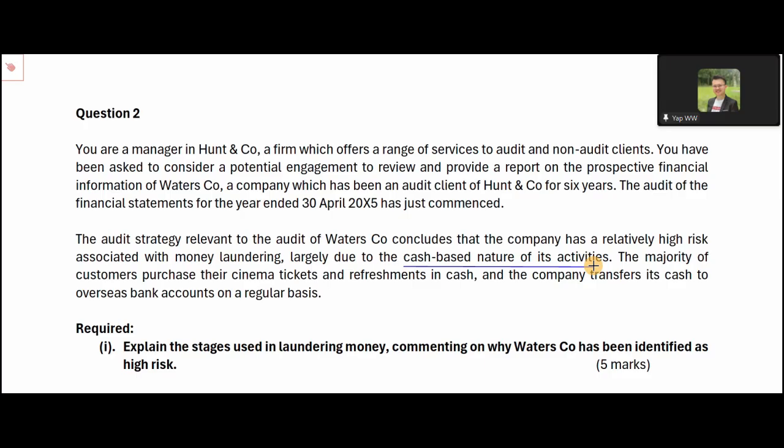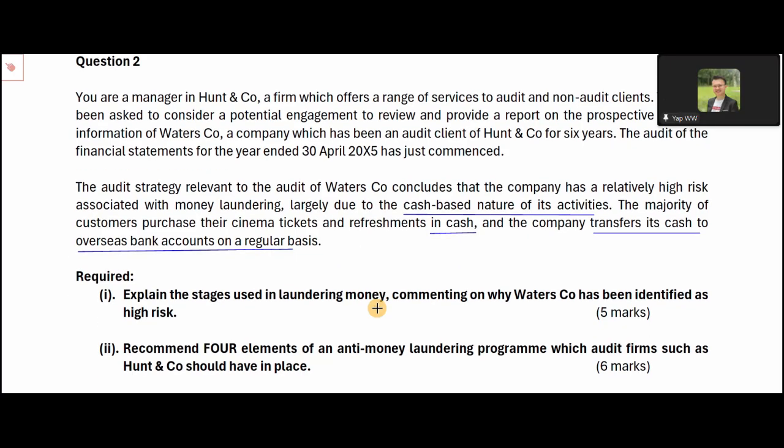The customers purchase their cinema tickets in cash, and the company also transfers cash to overseas bank accounts on a regular basis. So that will make it easy for the company to go through the placement process, placing the dirty money into the financial system through the sales of cinema tickets.